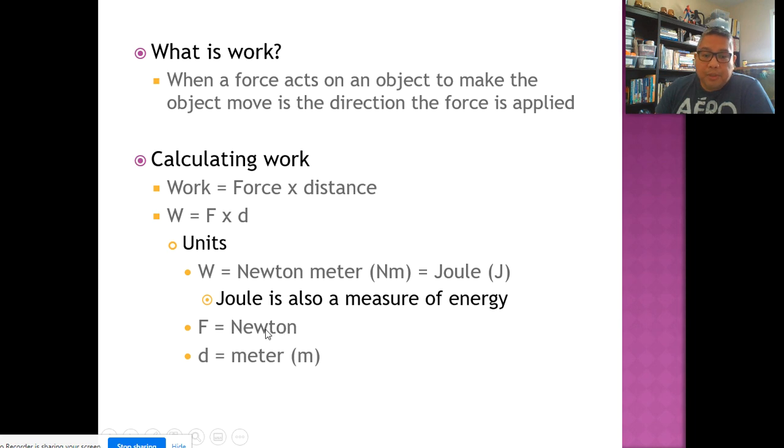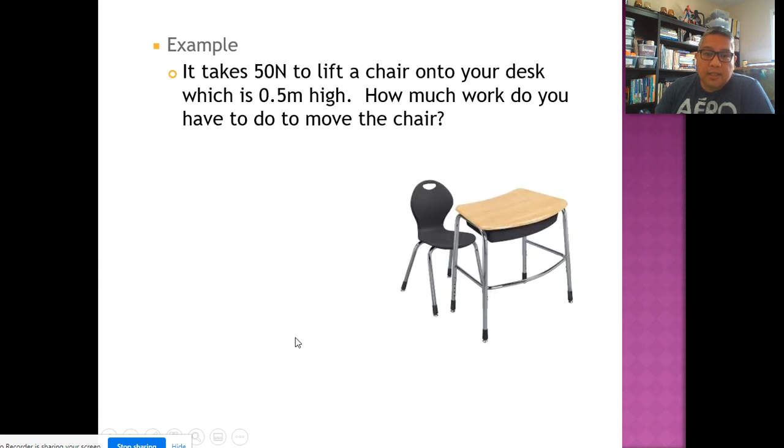Force should be in newtons and d should be in meters. Now, an example: it takes 50 newtons to lift a chair onto your desk, which is 0.5 meters high. How much work do you have to do to move the chair? Assuming this is the chair, you're applying force upward, and when you apply the force, it starts to move.